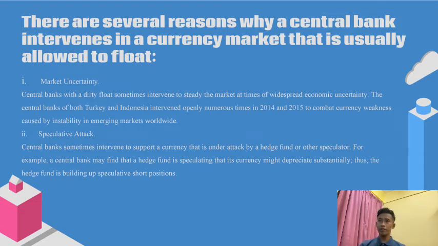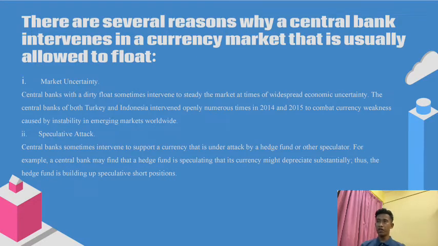Countries with a managed floating exchange rate include, for example, Brazil, South Korea, Chile, South Africa, and Turkey. Managed floating exchange rates have the following advantages. First, automatic stabilization. Any disequilibrium in the balance of payments would be automatically corrected by a change in the exchange rate.